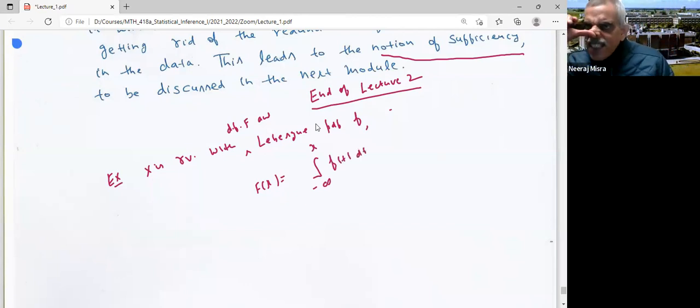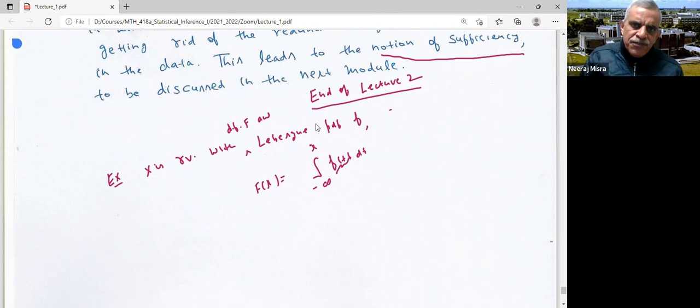And that is the definition of an absolutely continuous random variable, right? I say that my random variable is absolutely continuous if there exists a non-negative function small f such that this holds. So in this course, whenever I say that my random variable has a Lebesgue PDF, it means my random variable is absolutely continuous, with my distribution function F(x), which is the probability that X is less than or equal to x, given by this integral.